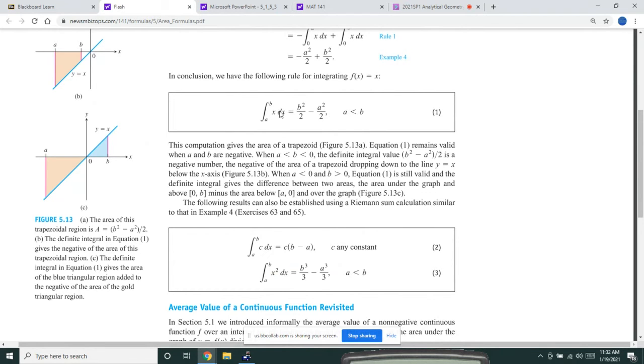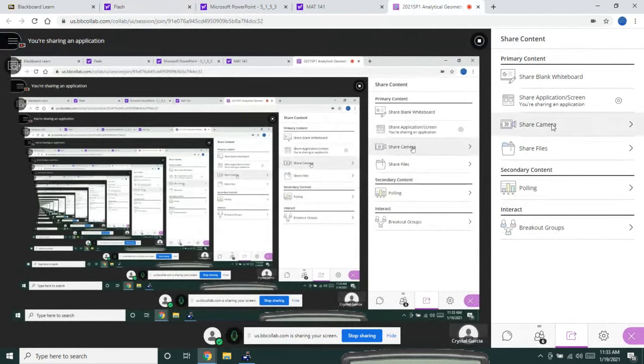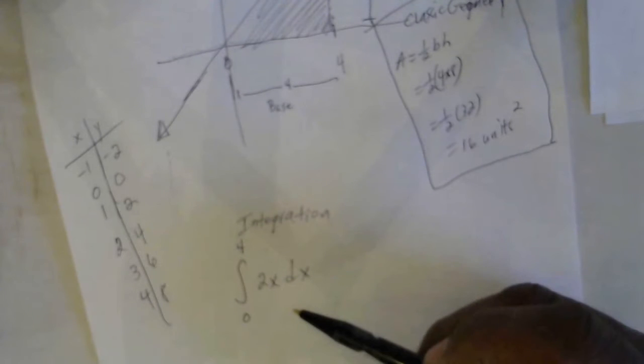I'm going to go back to our document camera, and we're going to use that formula here.